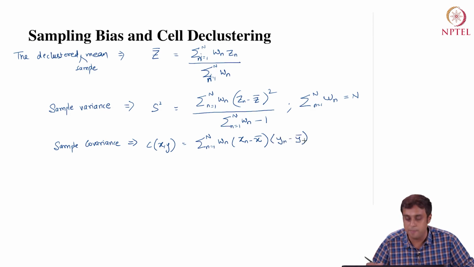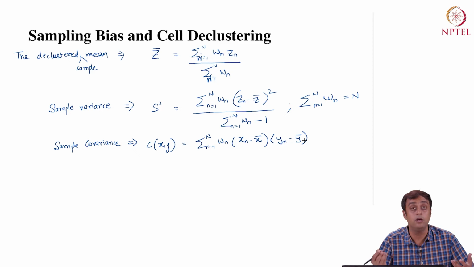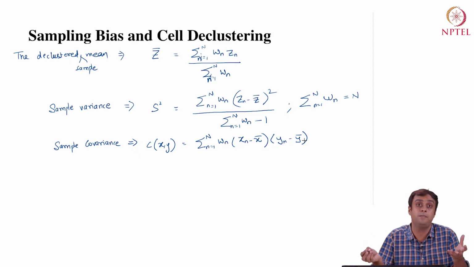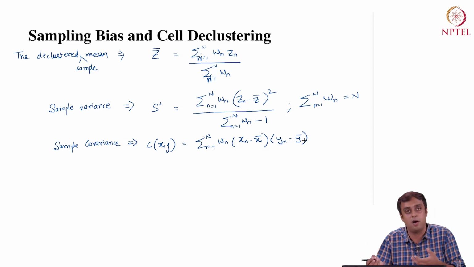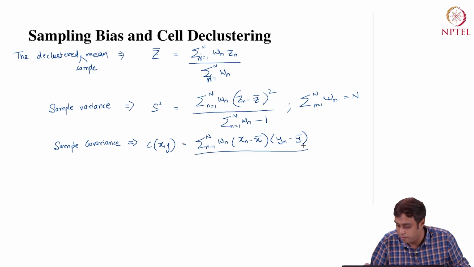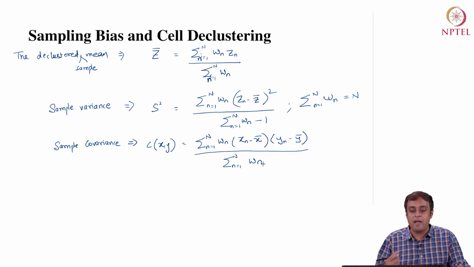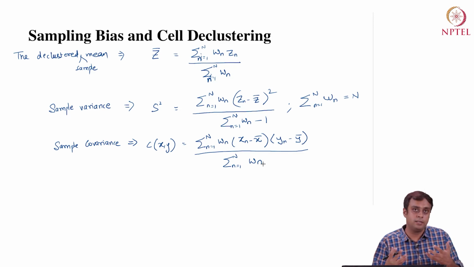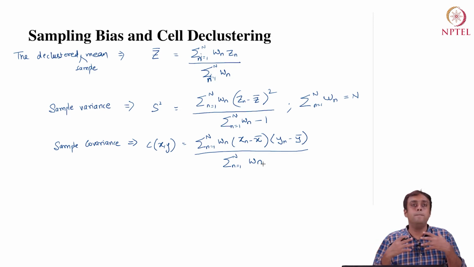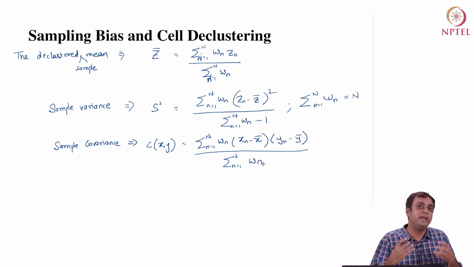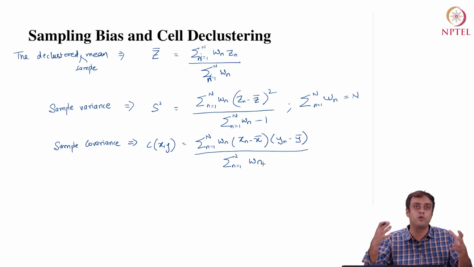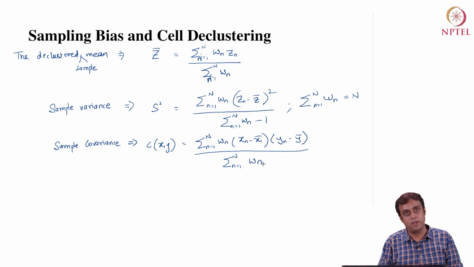Times (yn minus y bar). X bar and y bar have to be equal because they are declustered means for the same region. I could in fact use z bar instead of these values, over summation n equals 1 to N Wn. Now, I have been able to construct declustered mean values or summaries or data-based statistics, which will not be impacted by disproportionate sampling in space.